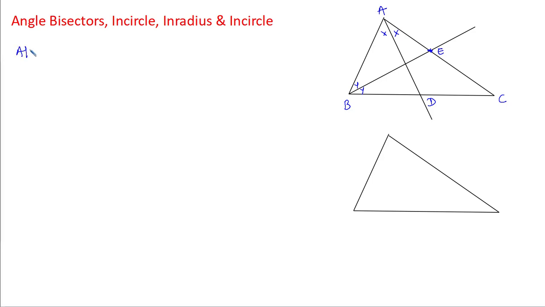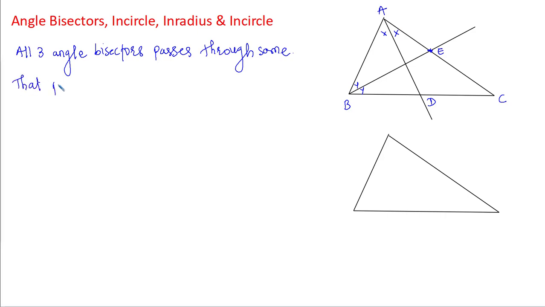Let me write this: all 3 angle bisectors of a triangle pass through the same point, and that point is called the incenter, which we usually represent by the letter I. So the angle bisector of angle C passes through the intersection point of the first 2 angle bisectors.